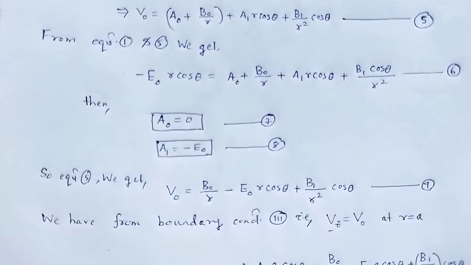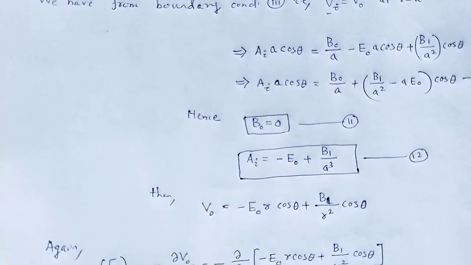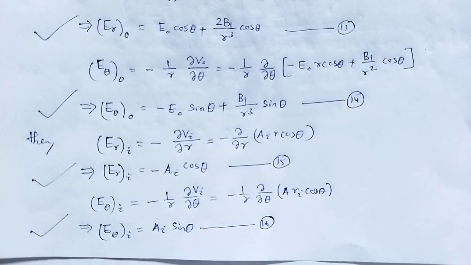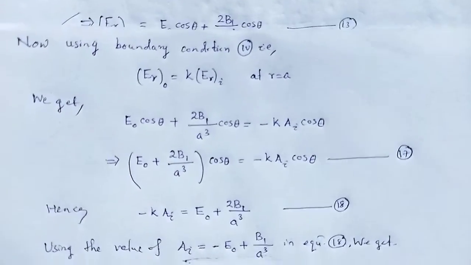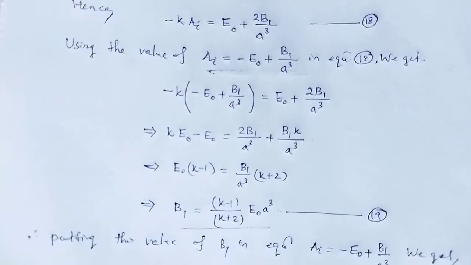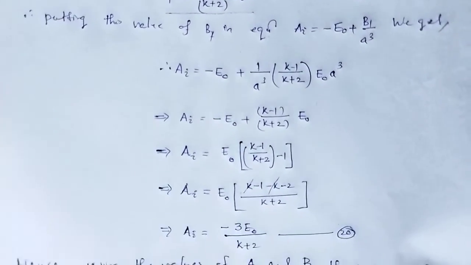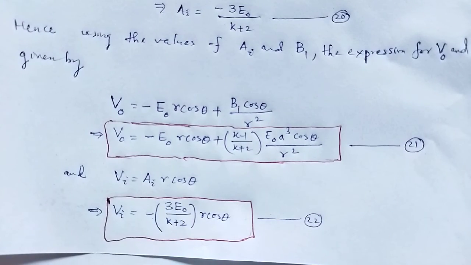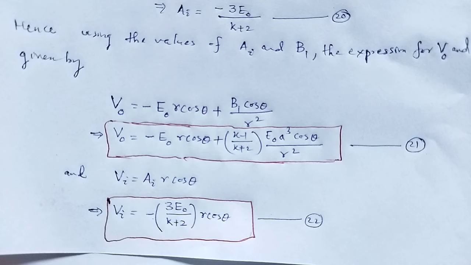We proceed, just use these boundary conditions, and finally get the potential of the dielectric sphere inside an external electric field.